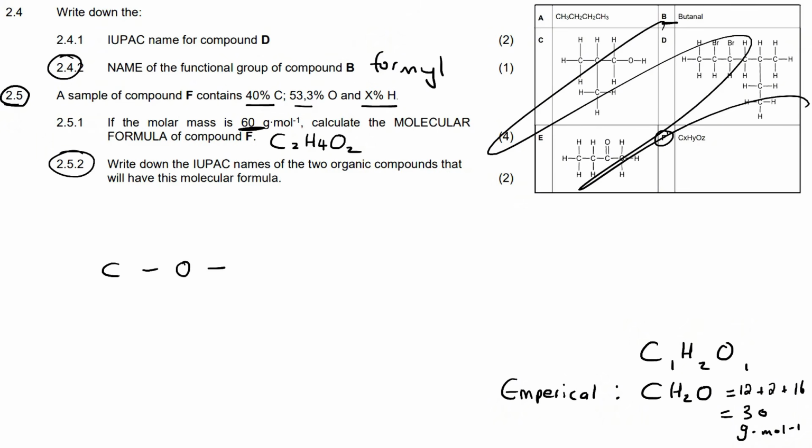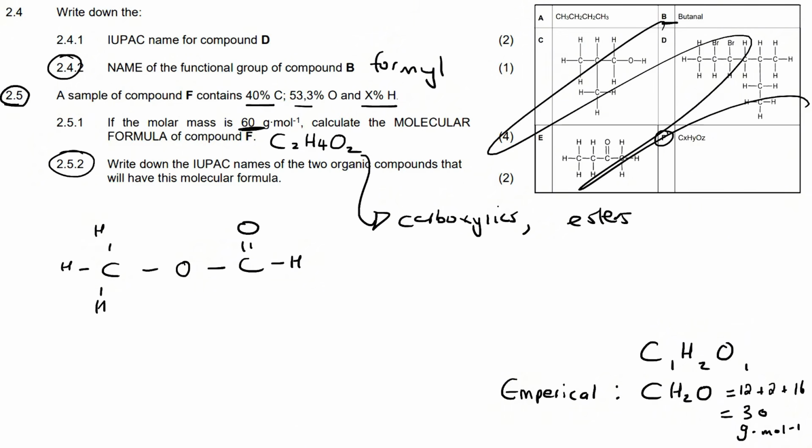Okay, so the only ones that have 2 oxygens are our carboxylics and our esters. So this would be an ester. Esters have this COO like that. Okay? And then your carboxylic acid would be, ester's the only one that has an oxygen in the actual chain.